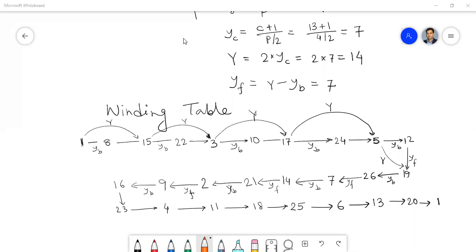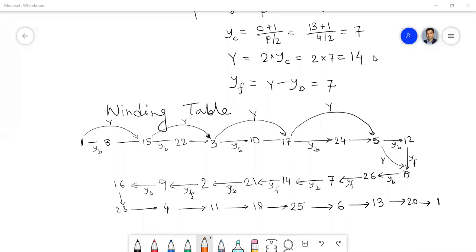So you are saying that if we have the same number of coils, suppose the number of coils is 12, and we think of a lap winding and a wave winding, what is the difference? Suppose each coil is giving you 10 volts.